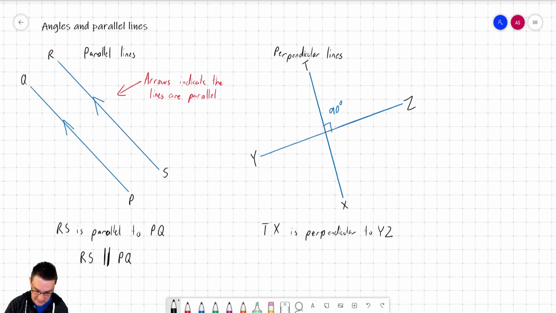So I'm going to write TX, and this time the symbol I'm using looks like perpendicular lines. It's got the one line going down and then one going sideways to represent the perpendicularity of it. That symbol is just representing is perpendicular to, and I can write YZ on the other side. This is another way of shrinking it down and stating that lines are perpendicular.